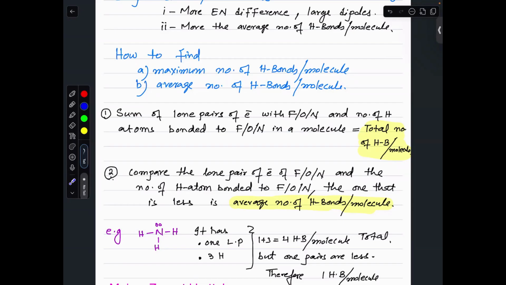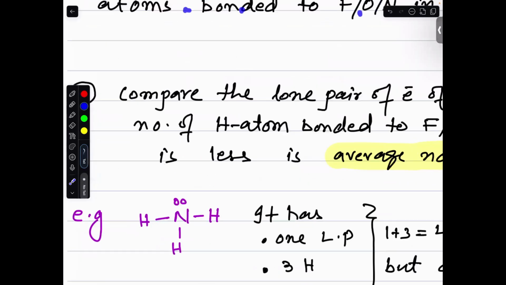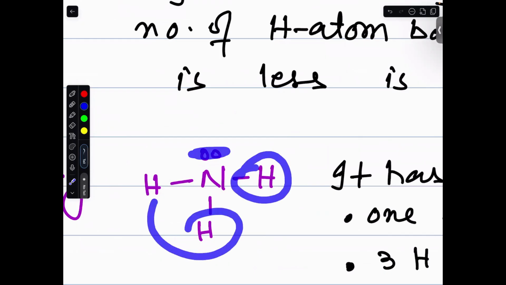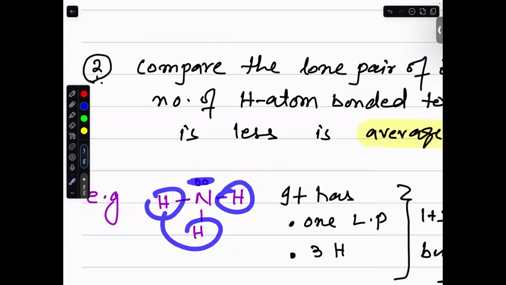What is the meaning of this? Look, the sum of the lone pairs on the F, O or N and the number of hydrogen atoms bonded to FON. You can see this is a molecule. What is the number of lone pairs? 1. What is the number of hydrogens? 3.